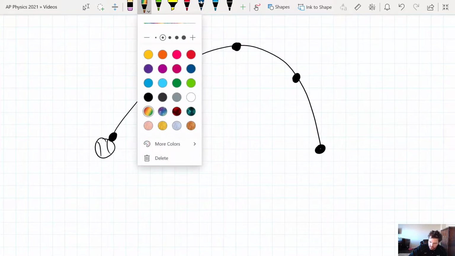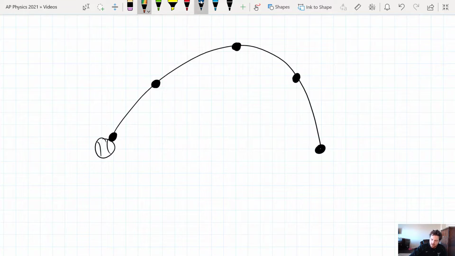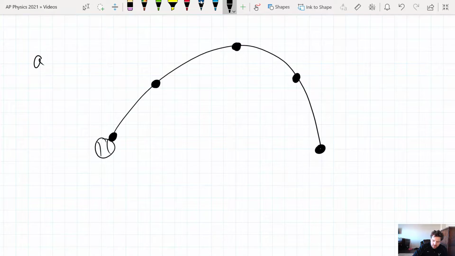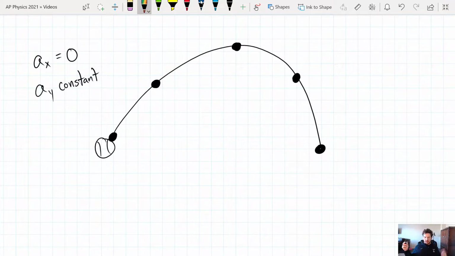Let's use rainbow color, right? There's a couple things that I know from my rules. I know the acceleration in the x direction is always 0. And I know the acceleration in the y direction is always constant for any projectile.